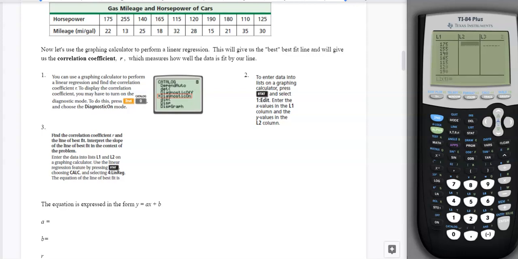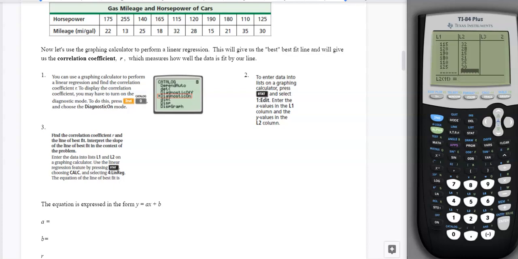Now I'm going to arrow over, and it should jump to the top of the Y's. And now I got to start with 22 and go down. So 22, 13, 25, 18, 32, 28, enter, 15, enter, 21, enter, 35, enter, and 30, enter.